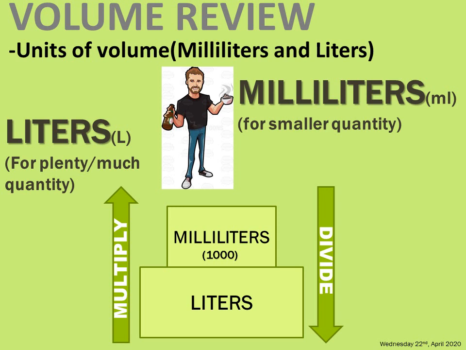And milliliters is just for smaller quantity, like the cylinder tube that we had in our workbook that measures in milliliters. Little quantity. Okay, look at our block. Our block shows us that milliliters has a smaller quantity and liters is the bigger block. Okay, and remember, 1000 milliliters make 1 liter.